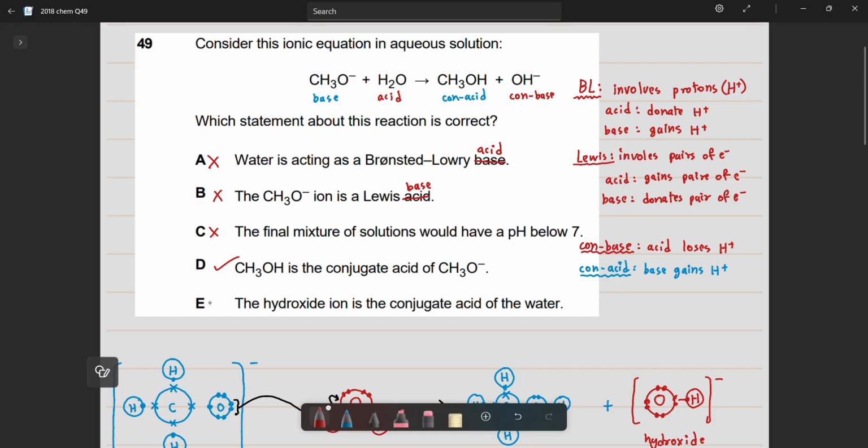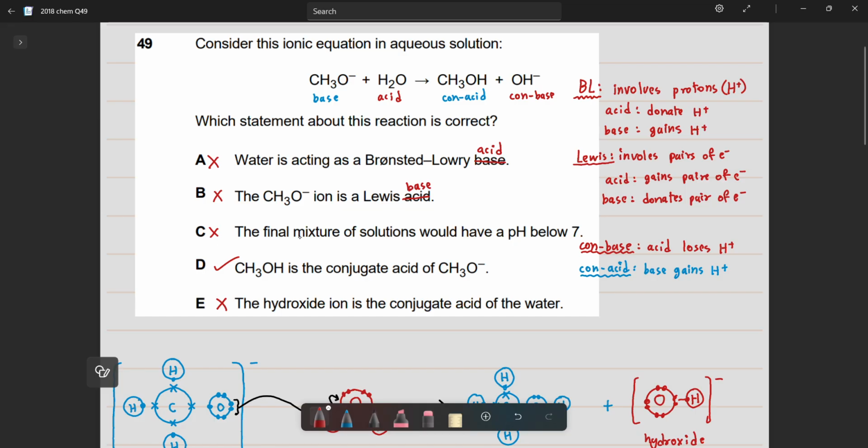Option E says the hydroxide ion is the conjugate acid of water, which is wrong. It's the conjugate base, because the water loses the proton to the methoxide ion, which forms the conjugate base.